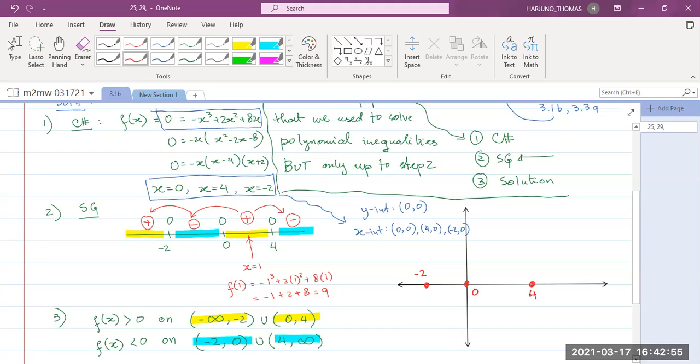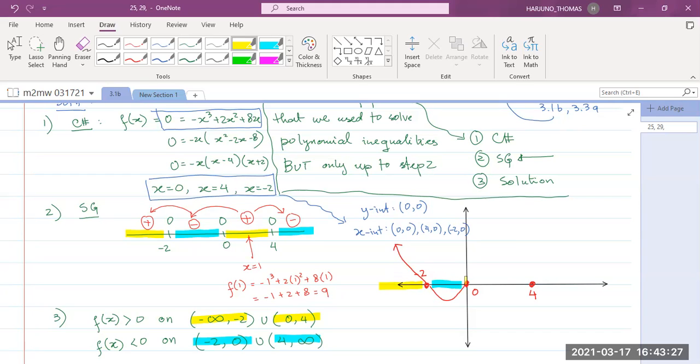Now then notice that to the left of x equals -2, the graph is actually above the x-axis. Between -2 and 0, the graph is below the x-axis. Let me mark it. So this is the one above, compared to this here.